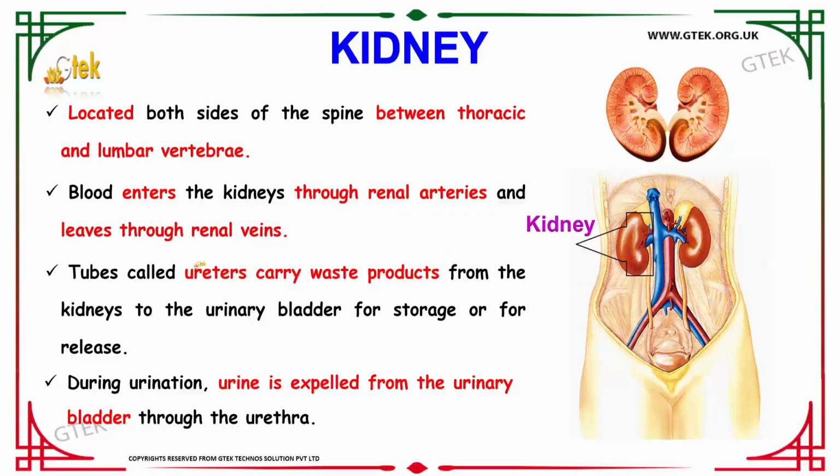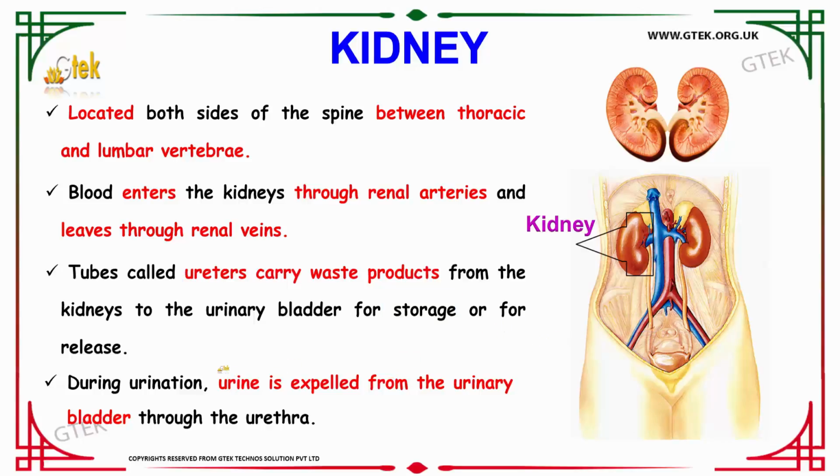The tubes called ureters carry your waste products from the kidneys to the urinary bladder. So here you can see your ureter is a tube that carries the impurities from your kidney to the urinary bladder, where the waste products are stored and released.